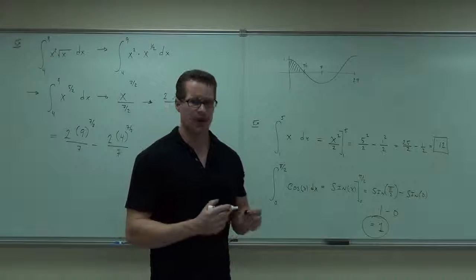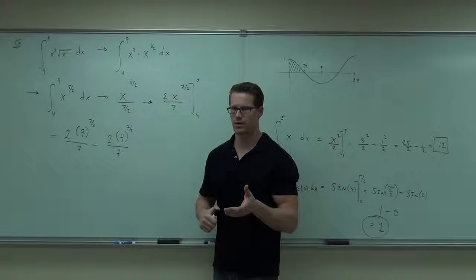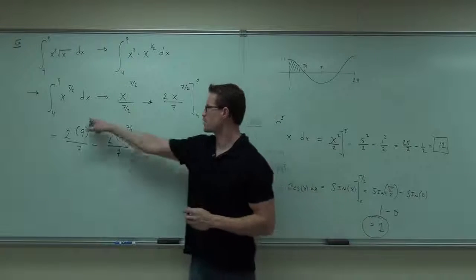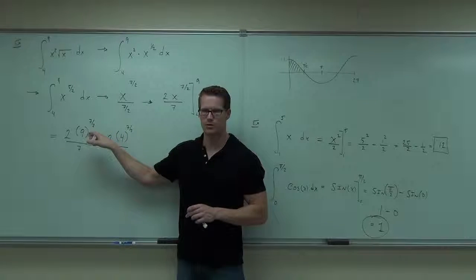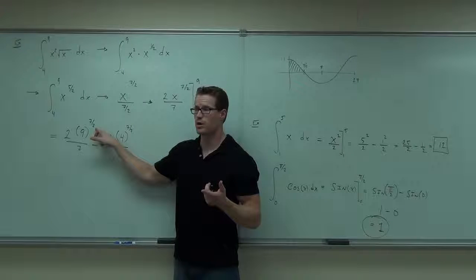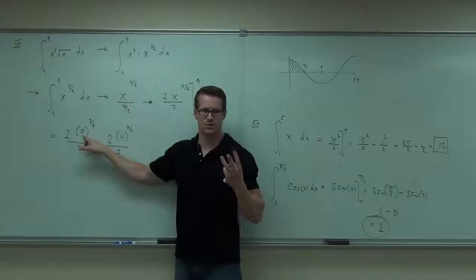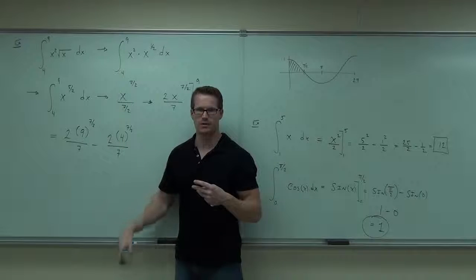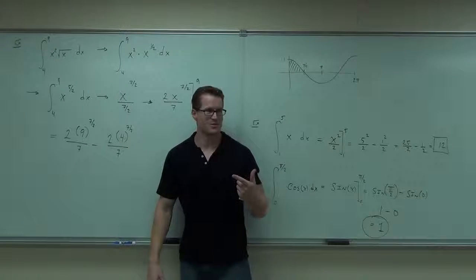Do you know how to do 7 halves without a calculator? Or to make it quicker on the calculator? This is power over root. Do you remember that? You can take either one first. I would take the square root of 9. Square root of 9 is 3 to the 7th. That's what you plug in your calculator. 3 to the 7th is a pretty big number.